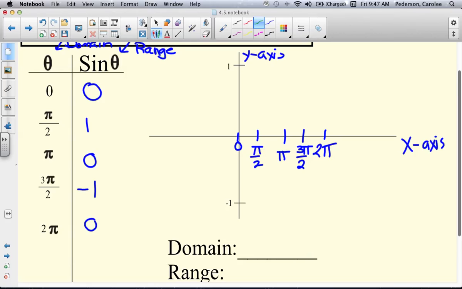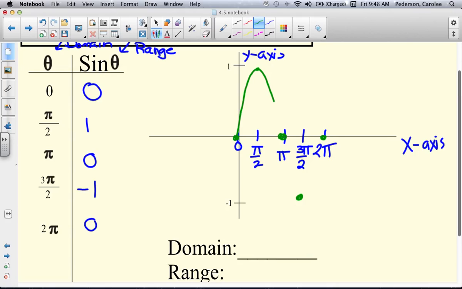So the first ordered pair is 0, 0. The next ordered pair is over pi over 2, up 1. Then over pi, up 0. Then over 3 pi over 2, down 1. And then over 2 pi, up 0. So now we graph the curve.